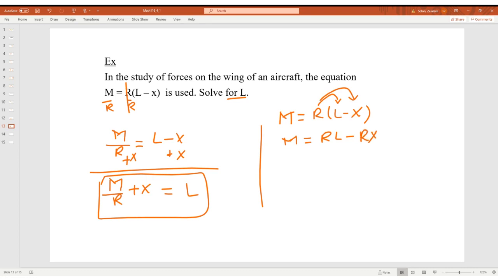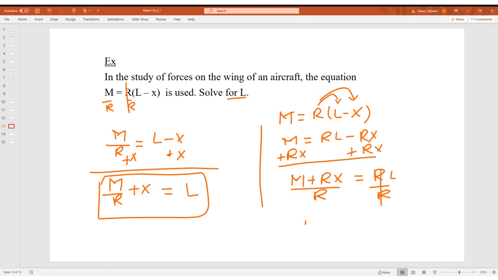We are solving for L, so I have to get rid of rx. So I have to add rx on both sides. So you have m plus rx equals rL. This is multiplication by r. I will divide by r on both sides.